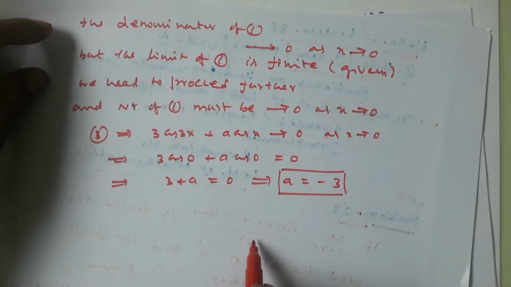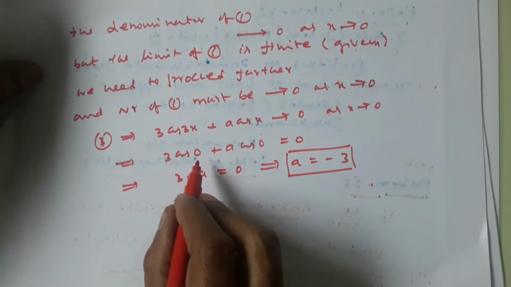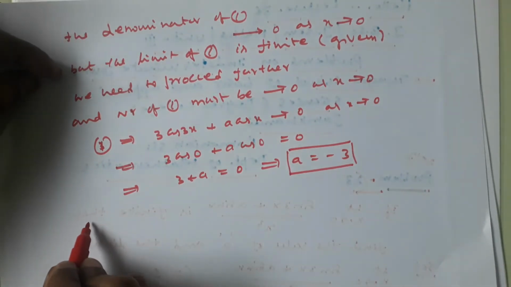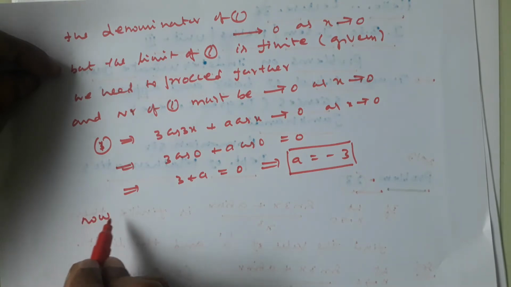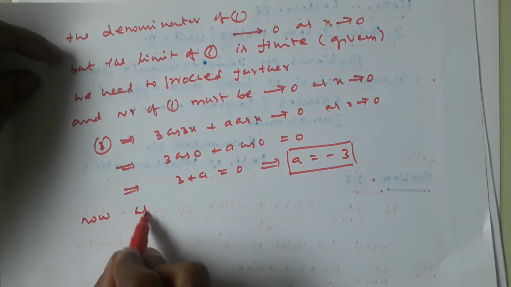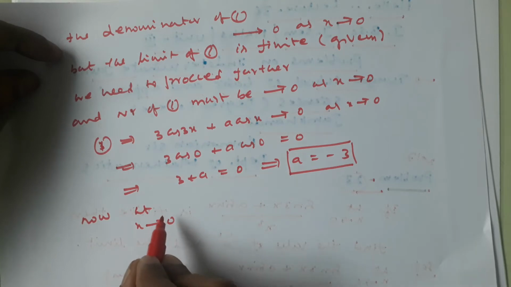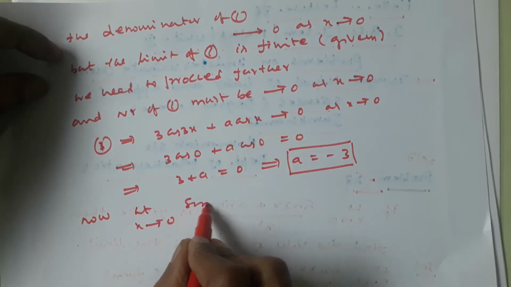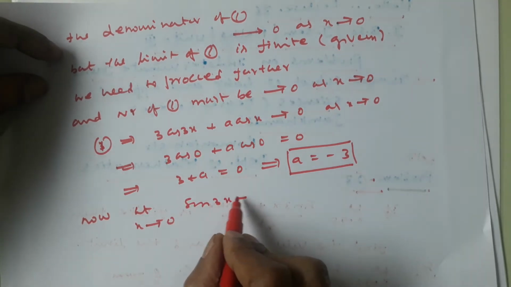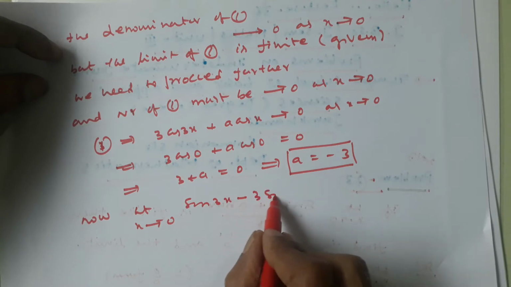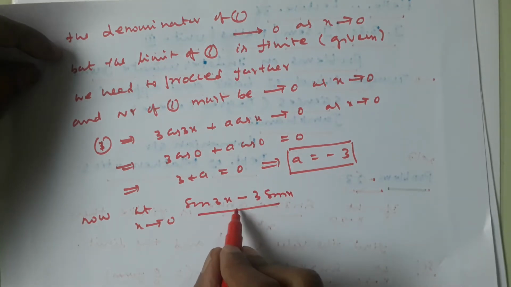Put this a value in the given limit function and find the limit value. So now limit x tends to 0 of (sin 3x minus 3 sin x) divided by x cubed.